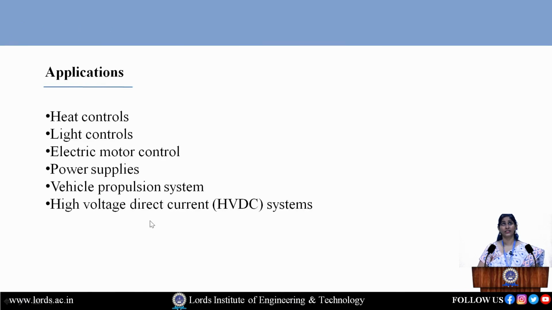Let us look at some applications of power electronics: heat control, light control, electric motor control and power supplies, vehicle propulsion systems and HVDC. These are all commonly used applications.